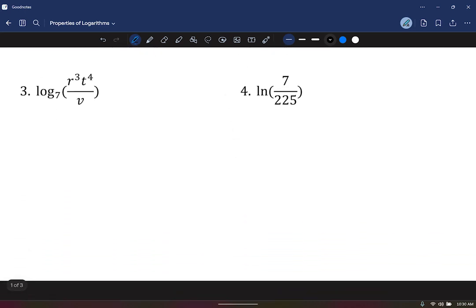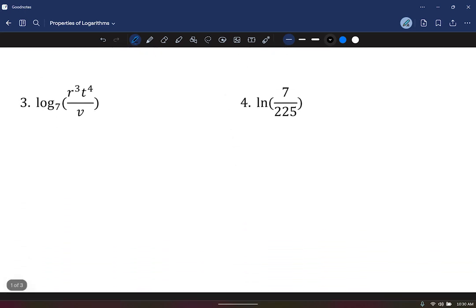All right, if you look at number 3, you have two things on top that you're multiplying, and then you're also dividing by something. So let's start with the dividing part. So we have log base 7 of the top, which would be r to the third, t to the fourth, minus log base 7 of the bottom. Now within that top part, we have two things that we're multiplying, so we're going to split those.